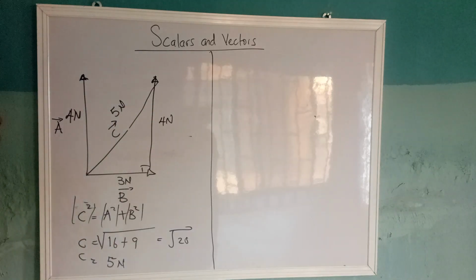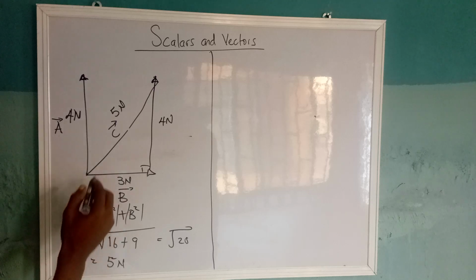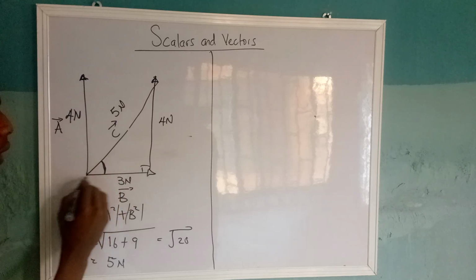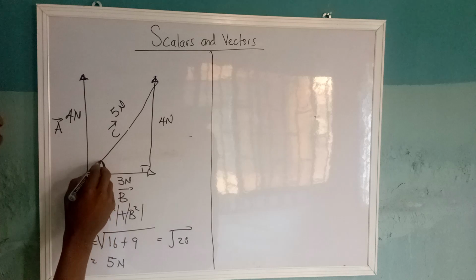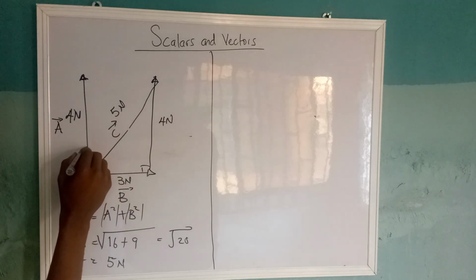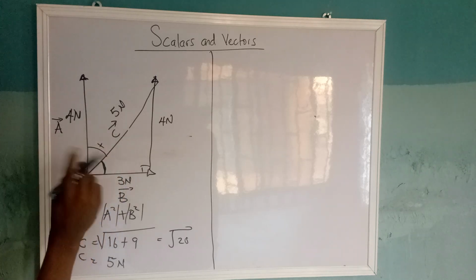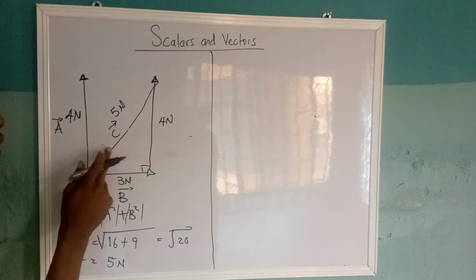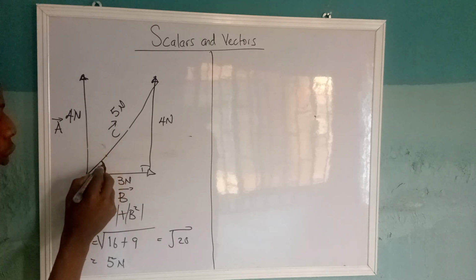Now, how do you get the direction of the vector? Your resultant vector is always on your horizontal line. Your resultant vector should not be taken like this. No. Your resultant should always be on your horizontal.